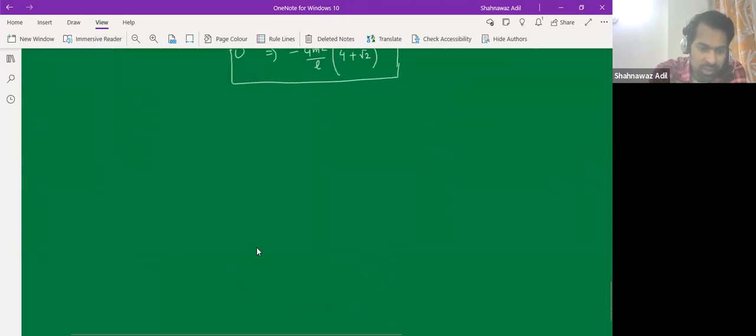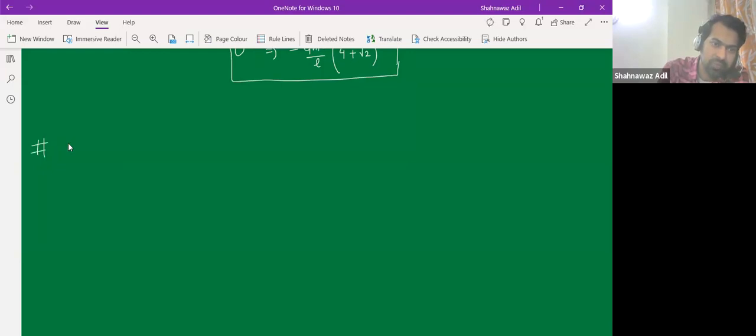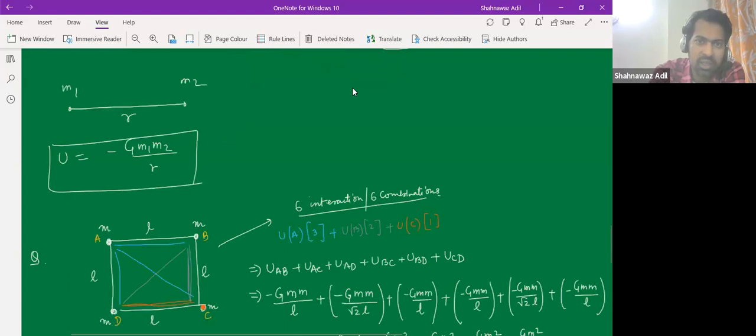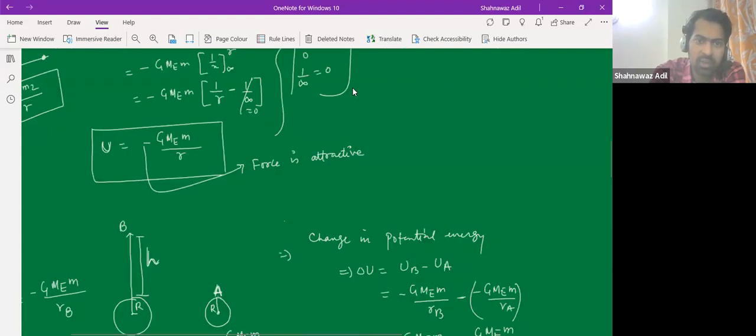Next topic is gravitational potential, right? If we move one unit mass from infinity to a fixed point, so in the previous case, what did we do?